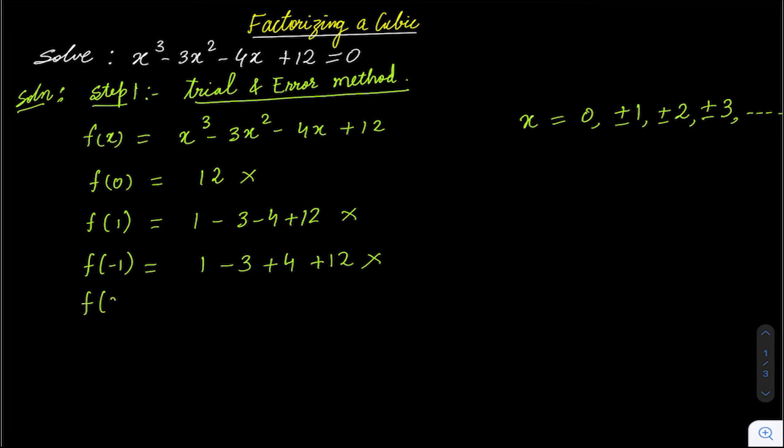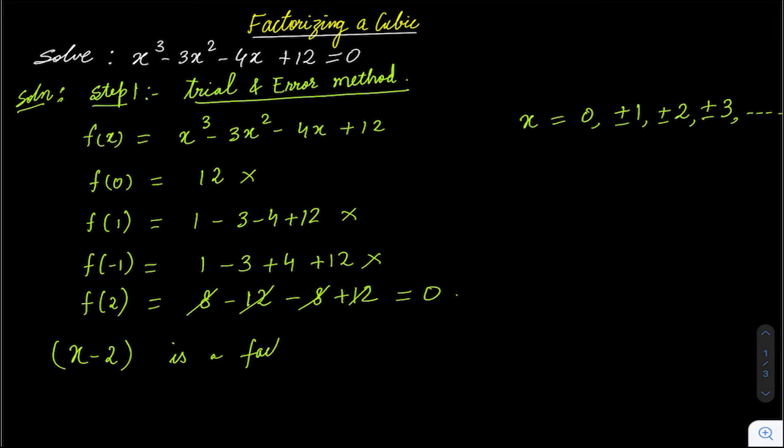Let's go for 2. When you try substituting 2, x cubed is 8, so you will get 8 minus 12 minus 8 plus 12. Very good, now this is giving us the value 0. It means x minus 2 is a factor of this cubic, x cubed minus 3x squared minus 4x plus 12.